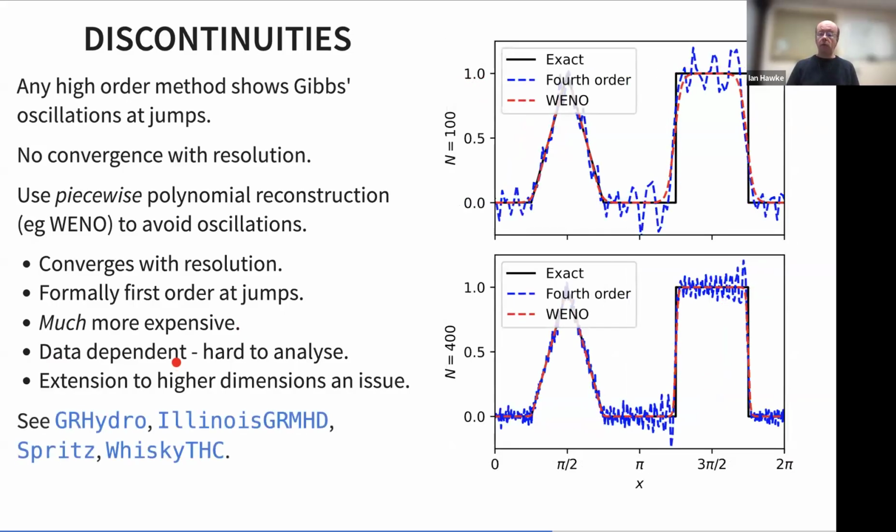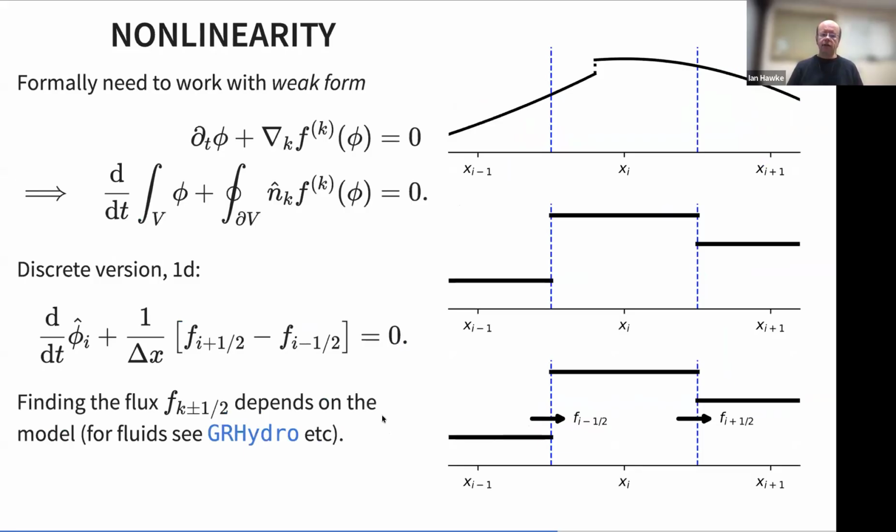Okay, now WENO type methods are implemented repeatedly in the toolkit because they're absolutely essential for dealing with nonlinear matter models like hydro. So you'll see all of the hydro codes have this type of scheme implemented with it. A second issue that we have to deal with is nonlinearity.